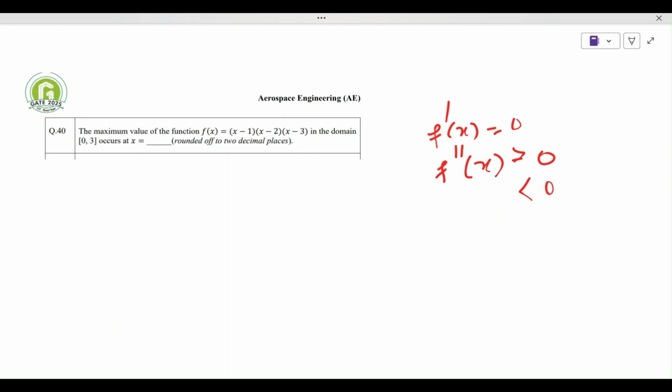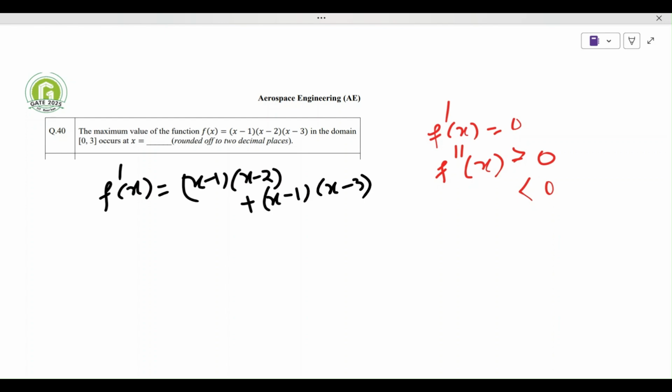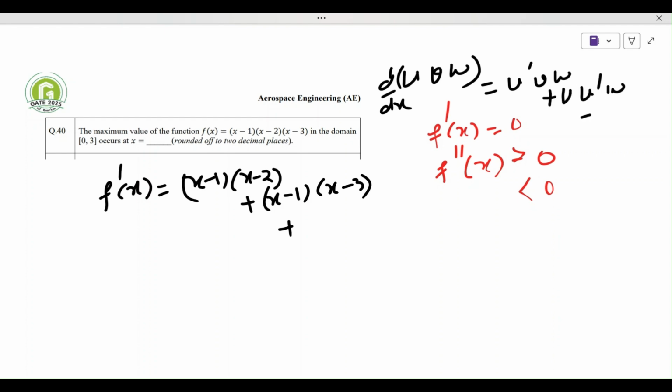So for the first derivative of this one, we are going to apply the product rule. So x minus 1, derivative of x minus 3 is 1. Then x minus 1, x minus 3 means for each term, we apply the derivative one time. If we have u, v, w, then its derivative is u dash vw plus u v dash w plus u v w dash.